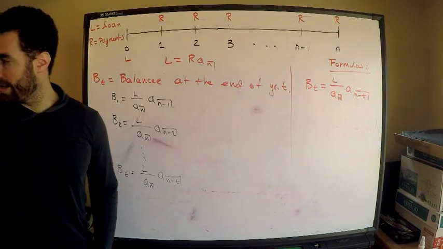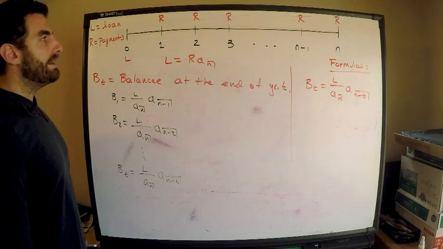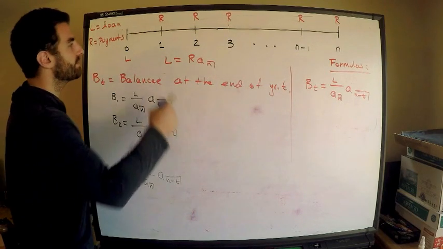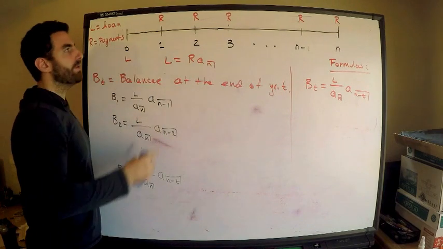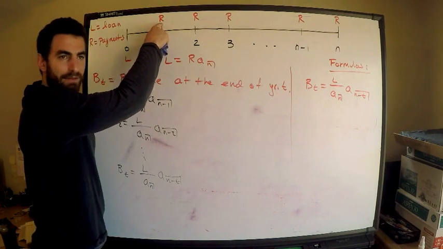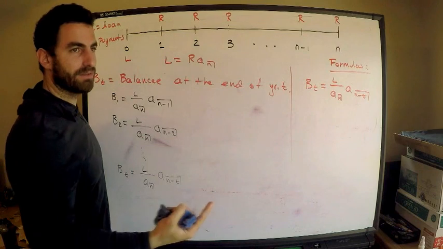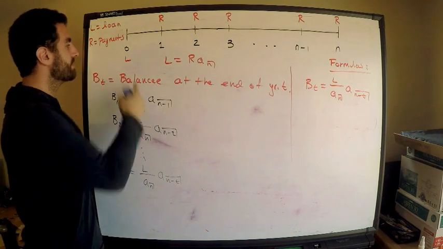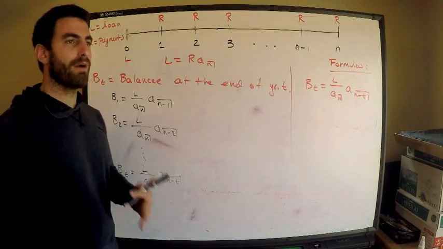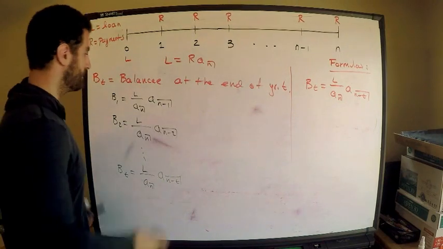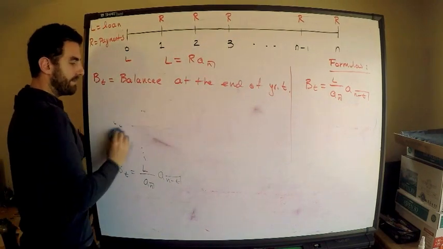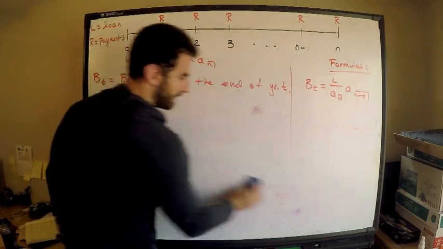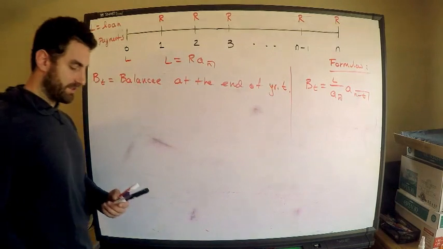Next thing I want is to derive the principal paid in the Tth payment. The way you think about this is, say I wanted the principal in the first payment. What I'm saying is, this payment I made of R, how much of it is principal and how much of it is interest? Because this loan accumulates interest, when you make a payment, part of it's principal, part of it's interest. I'm going to jump right to the general case. Once you have the balance, you're pretty much good to go.